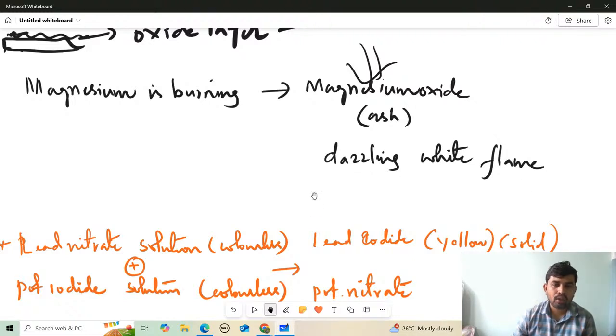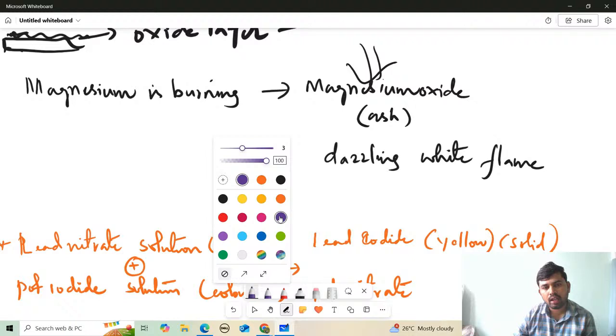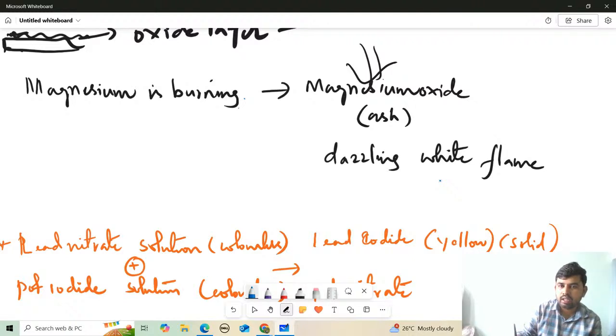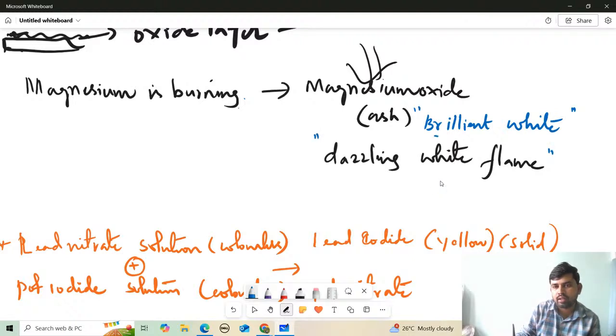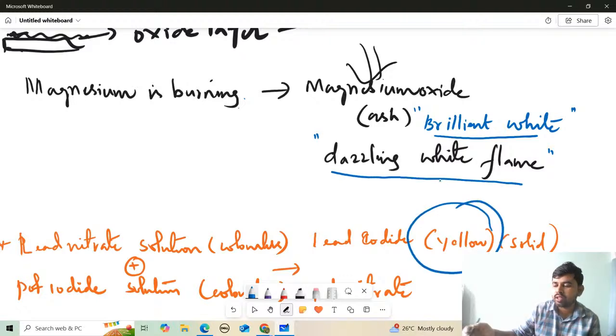Another name for this is brilliant white, so a brilliant white flame is produced. Remember that there is a chance of these names being asked in the board examination, brilliant white or dazzling white flame. And in the lead iodide case, remember, a yellow colored insoluble substance is produced.